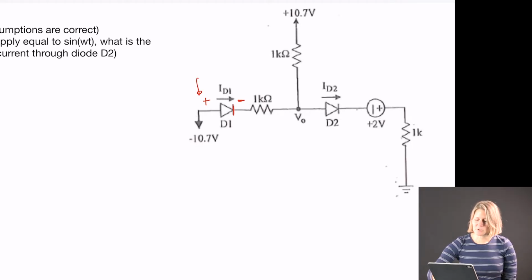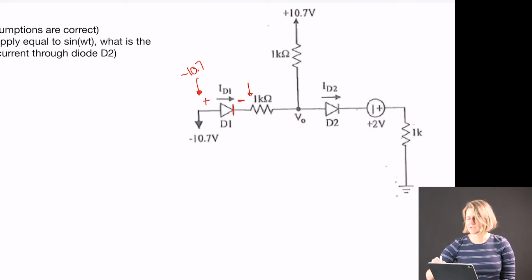The voltage on this, ignoring the resistors, is a minus 10.7. And on this side, you're not quite sure because you have V0, which is also tied to a plus 10.7. So we're going to look at an approximation of being 10.7, which looks like the orientation would be backwards for D1, so we would assume that it is off.